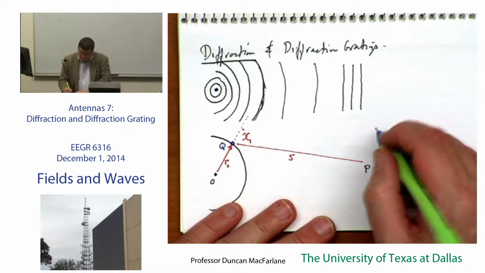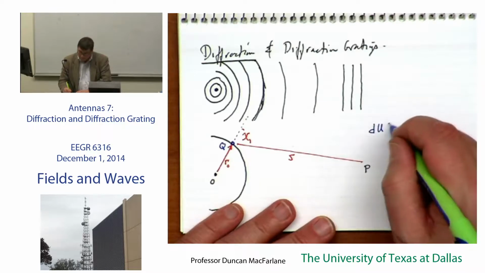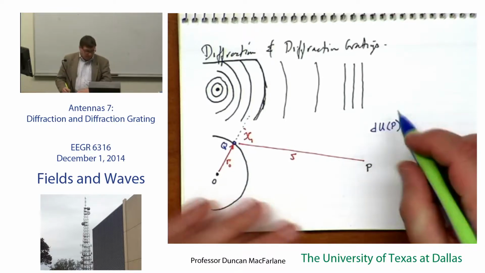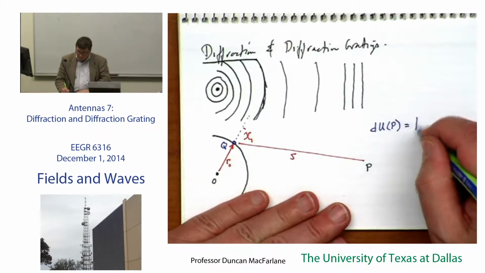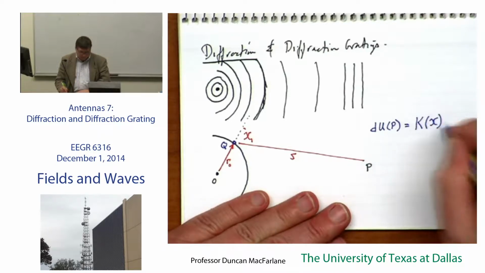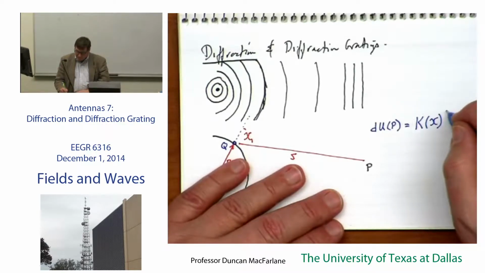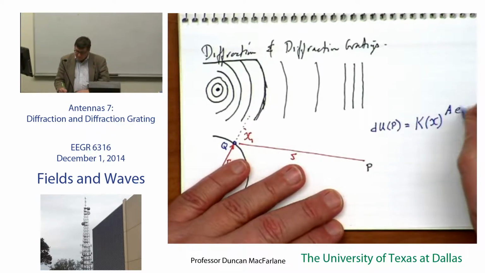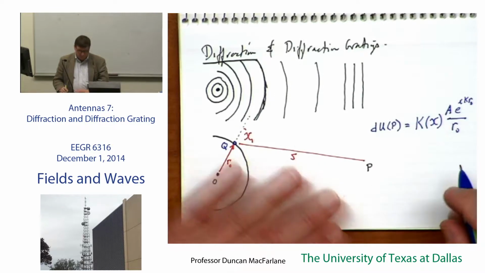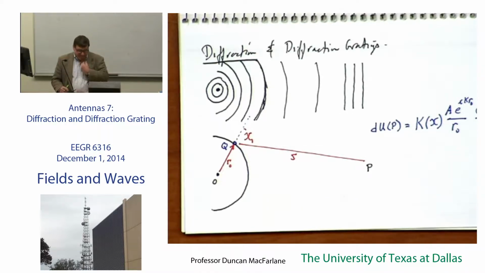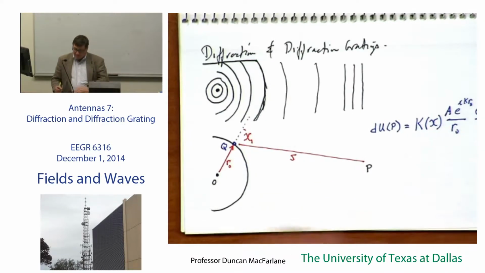And so what we'll write for the disturbance is a differential U of P, which is equal to some cross-section scattering, which is a function of chi, times the spherical wavefront times the new phase front, or the new scattering center, over all ds's.